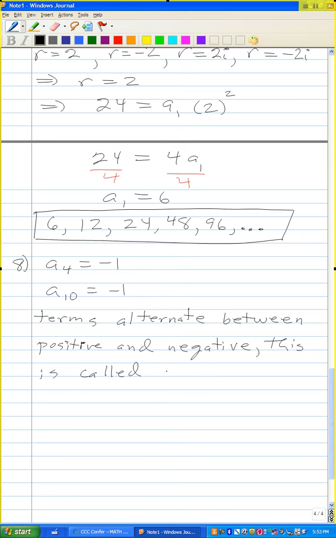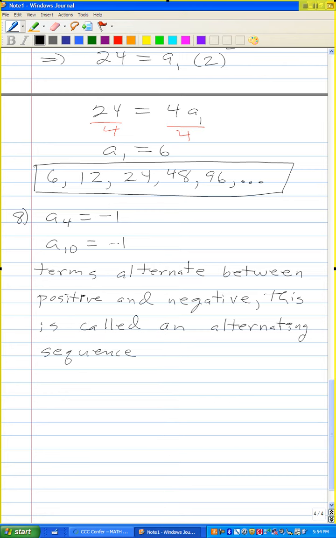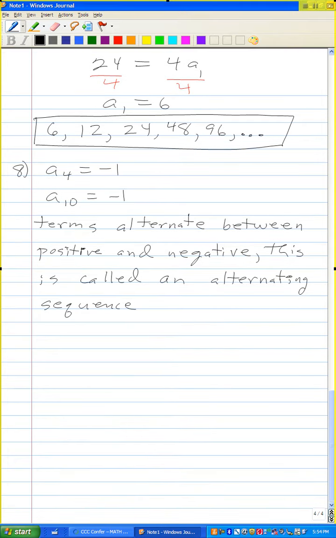Don't write those too close. And alternating sequence. Okay. So therefore, I know that the general term for a geometric sequence is characterized by a sub n is equal to a1 r to the n minus 1.